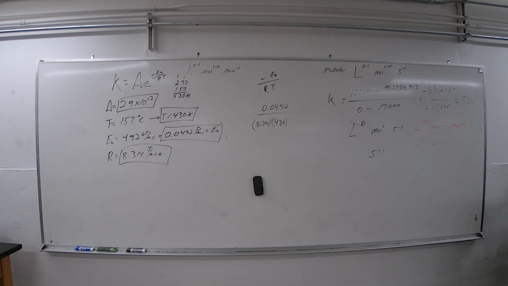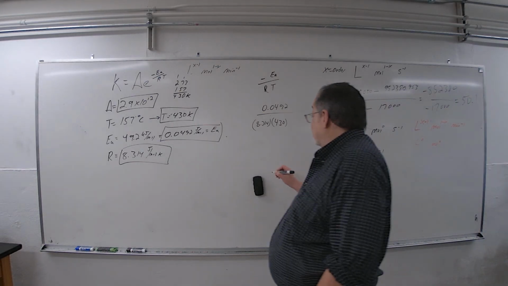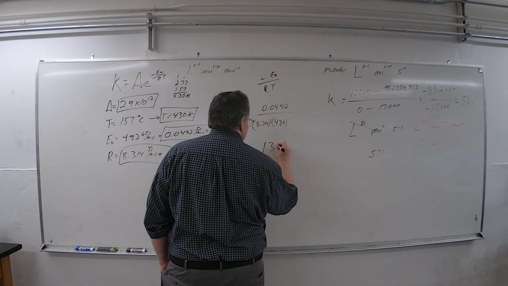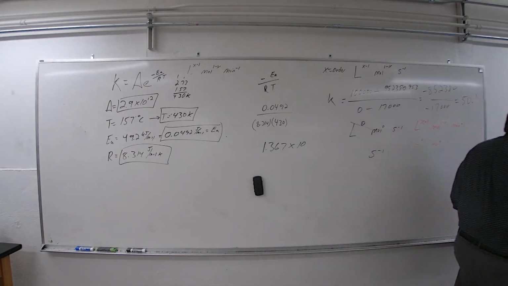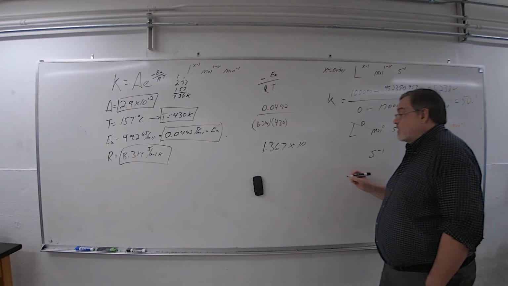0.492 divided by 8.314 divided by 430. I'll say 1.367, 10 to the 5.